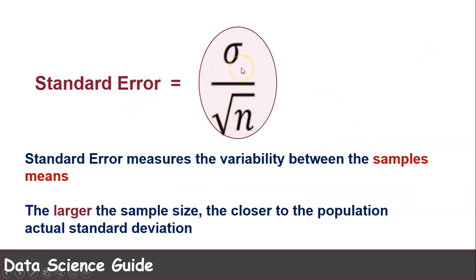We cannot call it standard deviation because it is collected from a sample, and the sample gives us an estimate for the standard deviation. It's not the actual one. And when the sample size n is greater, we'll have a closer standard error to the actual standard deviation.